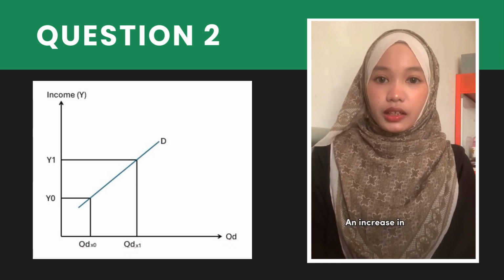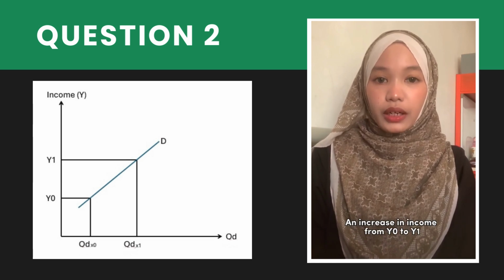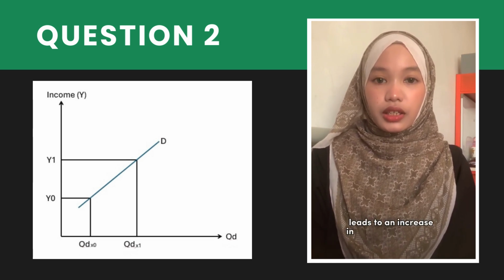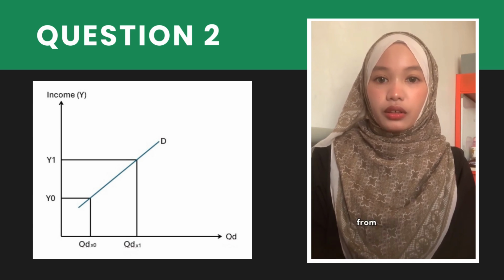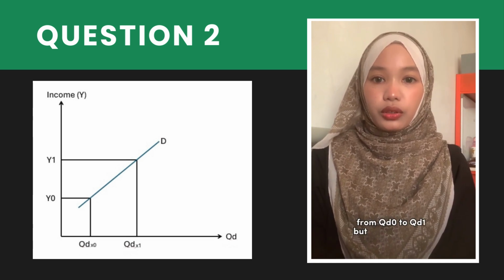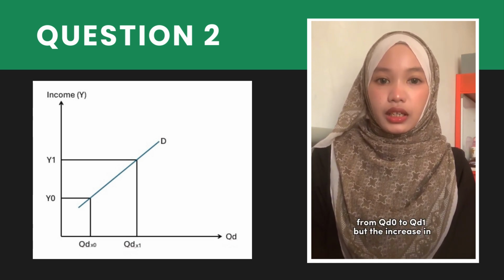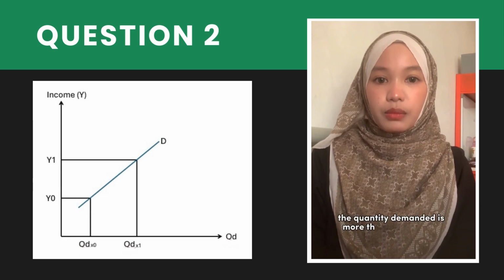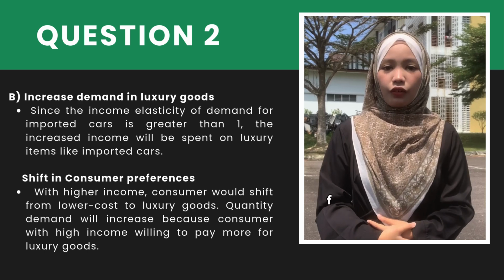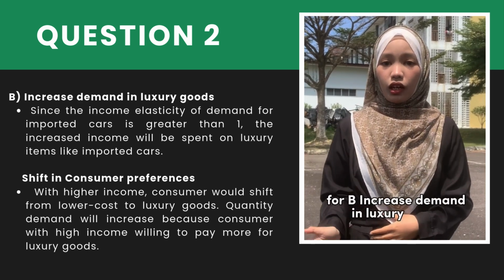An increase in income from Y0 to Y1 leads to an increase in quantity demanded from QD0 to QD1, but the increase in the quantity demanded is more than the increase in income. For B, increased demand in luxury goods.